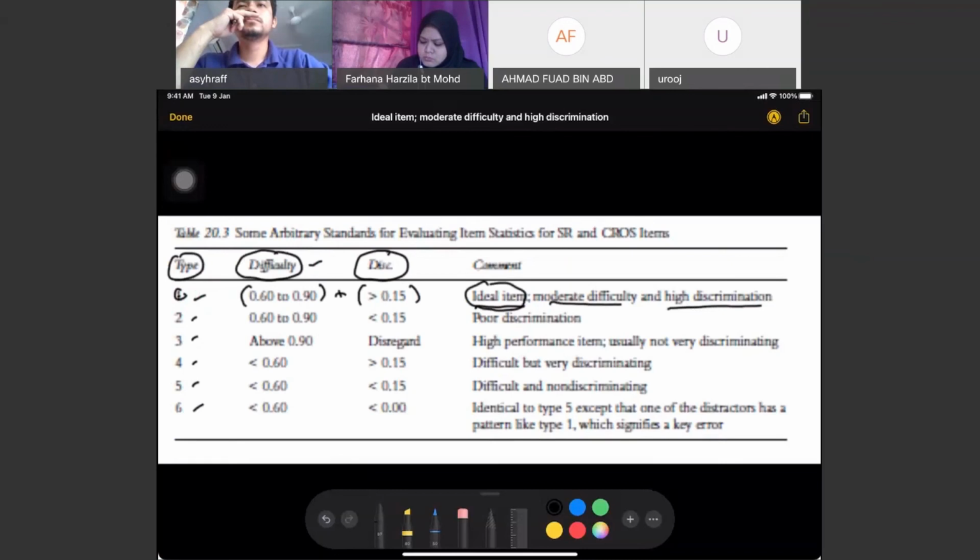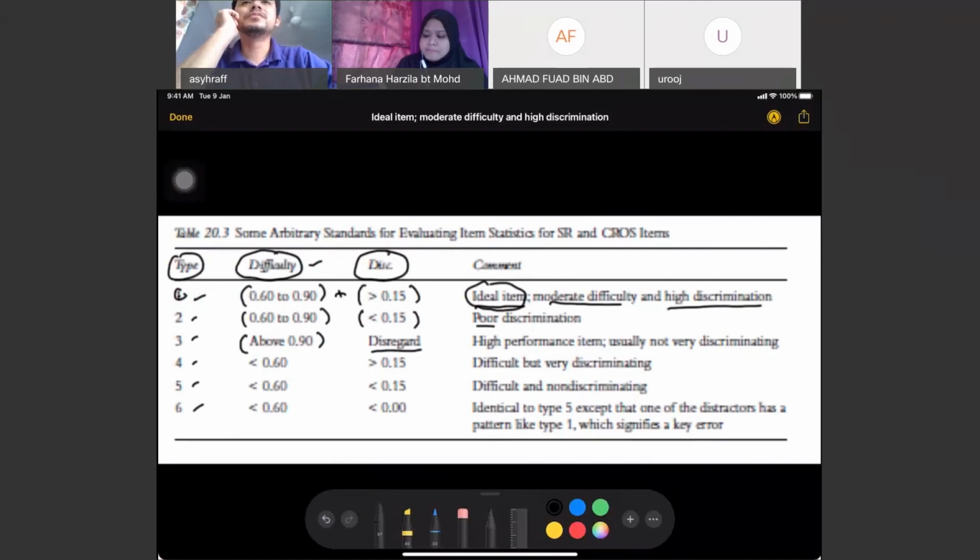However, if the item has the same difficulty but is not very discriminating, less than 0.15, it's type 2, poor discrimination. If it's too easy, above 0.9, then we disregard it, whatever discrimination you get, because it's too easy, not worth asking.